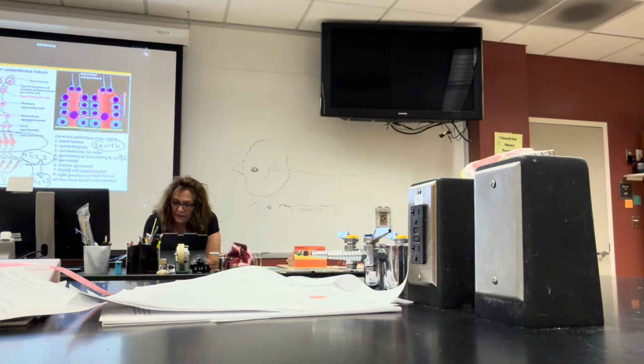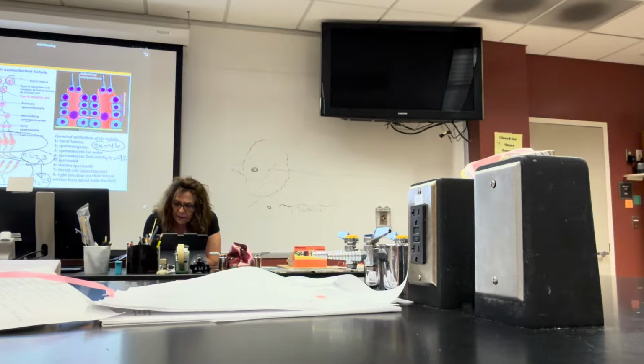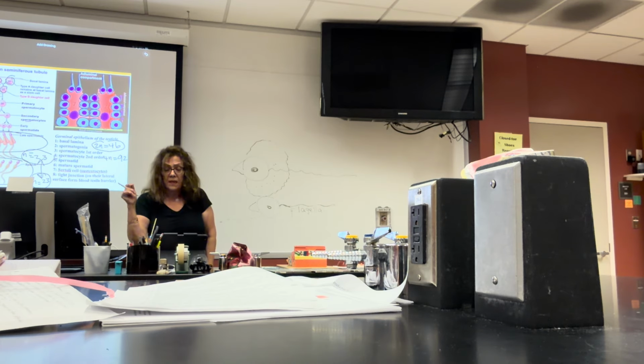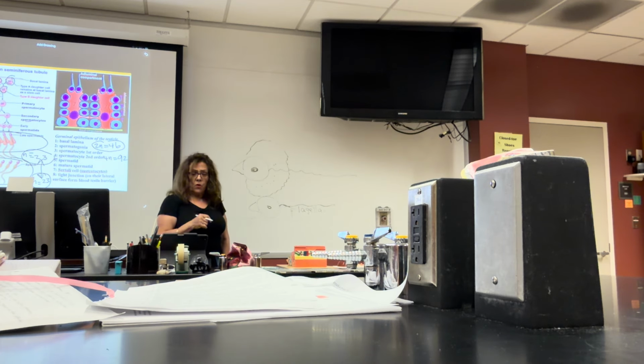So here you can see the Sertoli cell, or sustentacular cell, or sustentocyte, that hugs all the different stages of differentiation of spermatogonia and protects them from coming in contact with blood. So they create the blood-testis barrier.